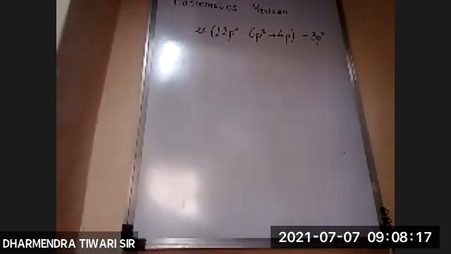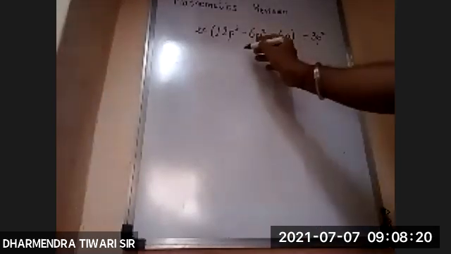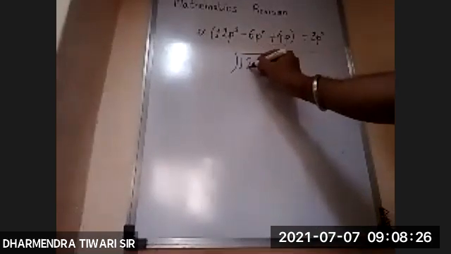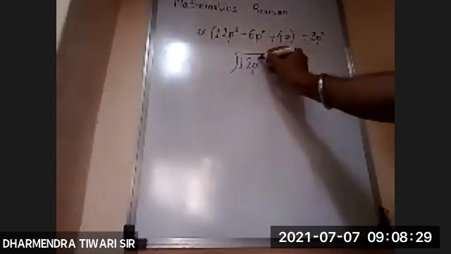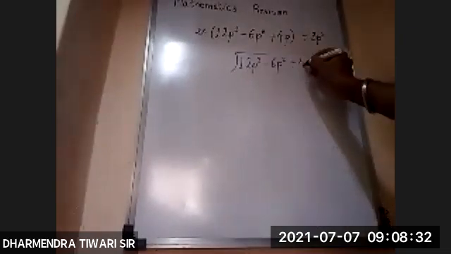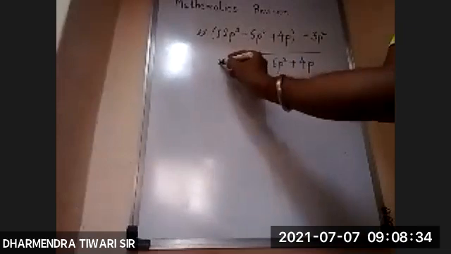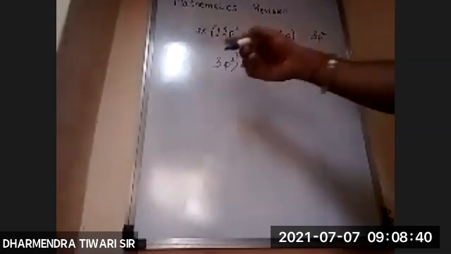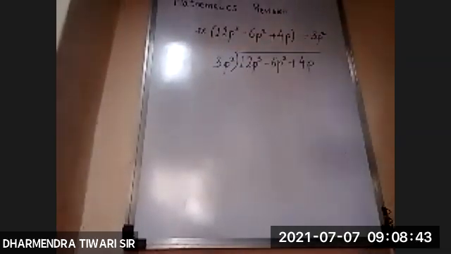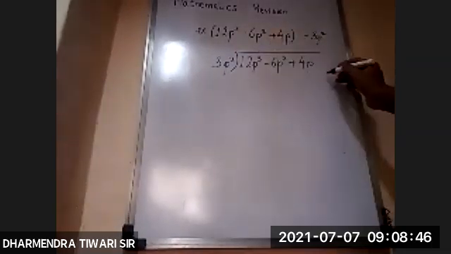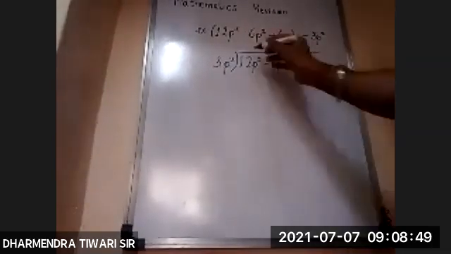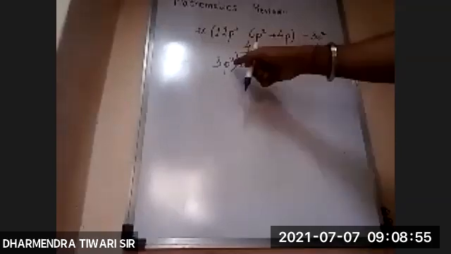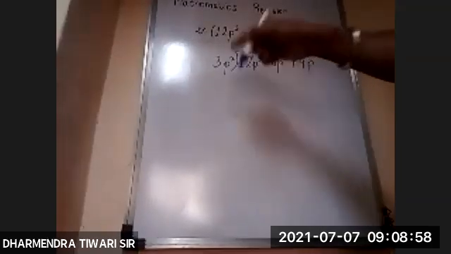Let's start with the division. 12p cube minus 6p square plus 4p, and here we have 3p square. What should be multiplied with 3p square to get 12p cube? Anybody? 4 3s are 12, so 4 and p. As we have p square, p square into p is p cube.